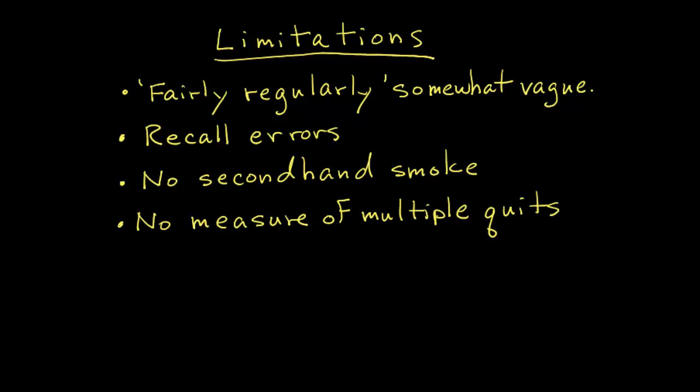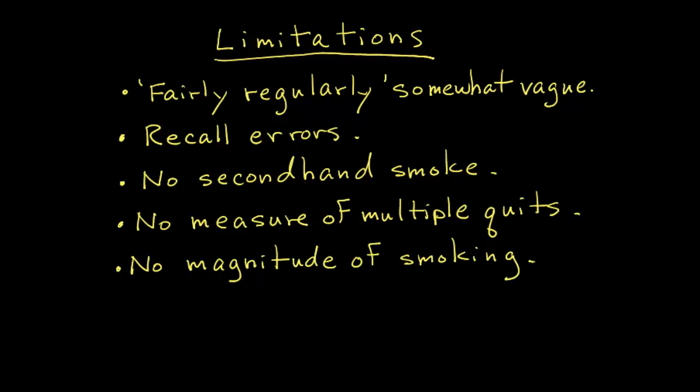And so all of those multiple gaps when they weren't smoking before are going to be counted as time that they were actually smoking. So again, this is going to introduce some measurement error into the construct. And finally, there's no information about the magnitude of smoking, only the amount of time that they spent smoking fairly regularly. And so someone who smoked very heavily for 10 years is going to be coded as having the same exposure as someone who smoked fairly regularly for 10 years, but at a much lower magnitude.